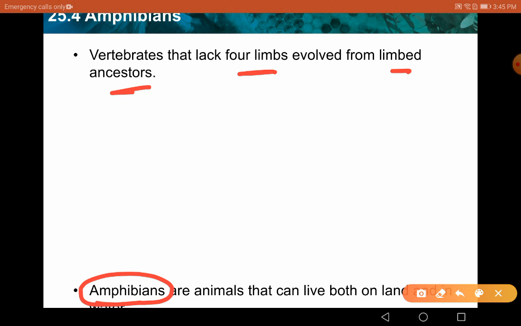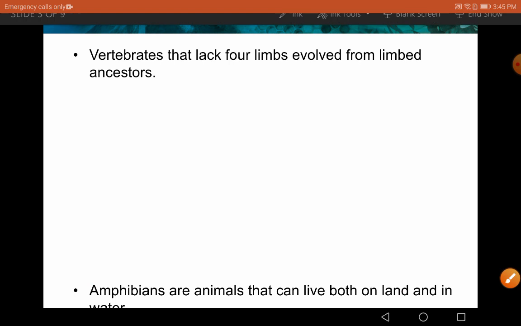Amphibians are the animals that can live on both land and in water. Now we have the meaning of tetrapods and the meaning of amphibians, and you must differentiate between them.